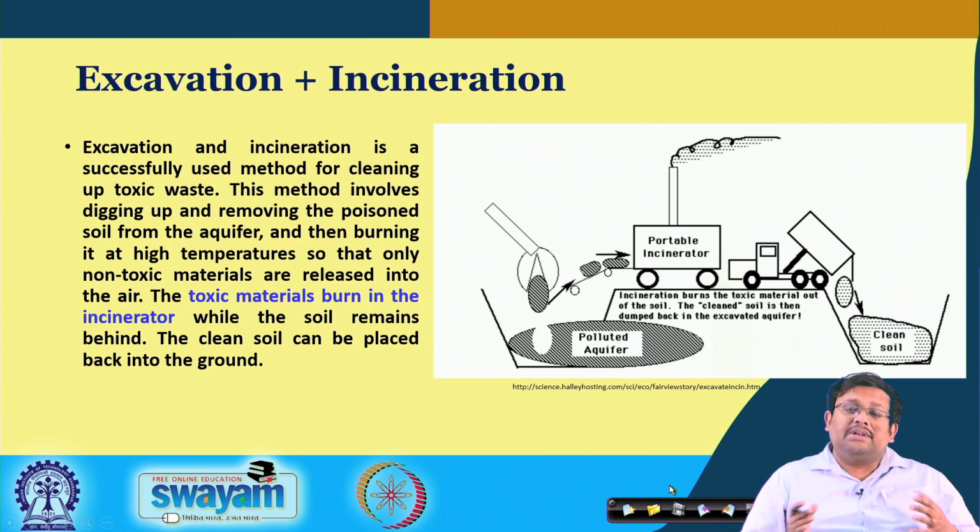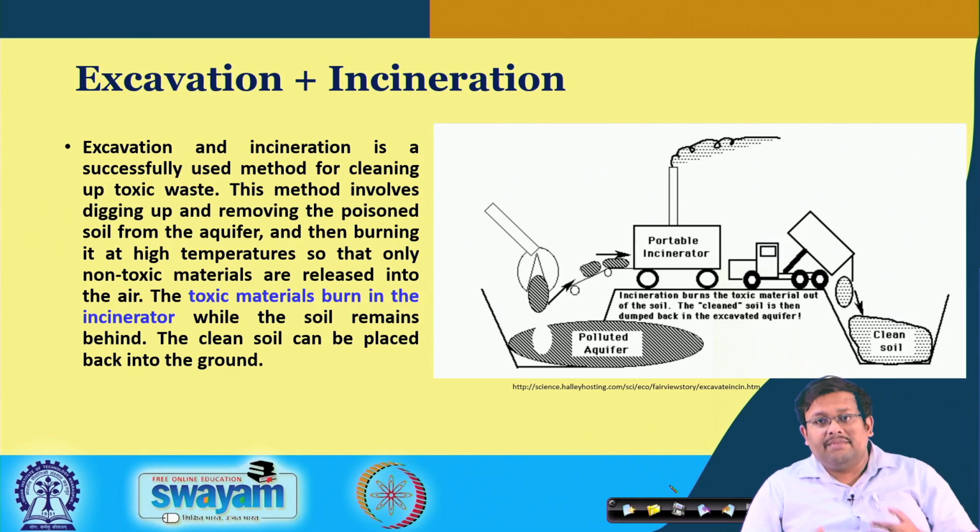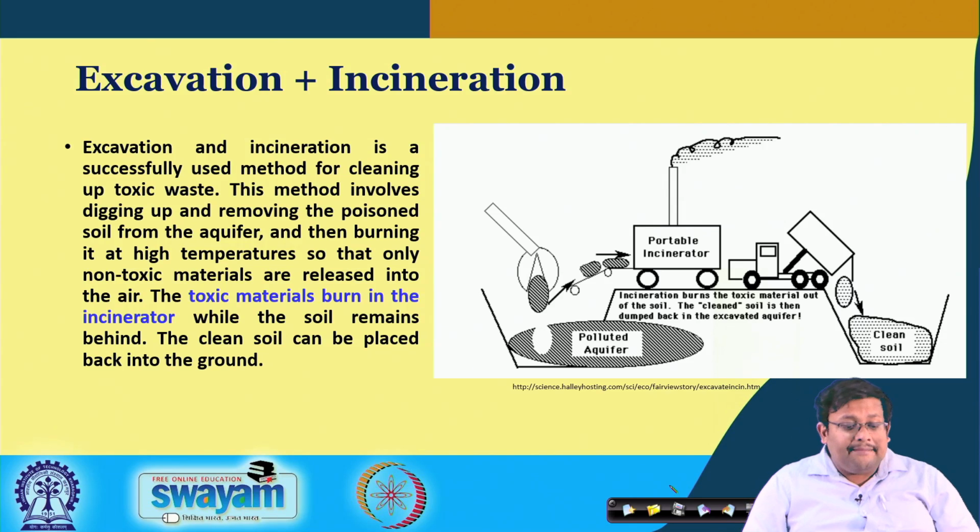So, we have talked about excavation, and we have talked about thermal treatment or incineration. Sometimes both excavation and incineration are operated simultaneously for treating the soil. Remember that excavation and incineration is a successfully used method for cleaning up toxic waste.